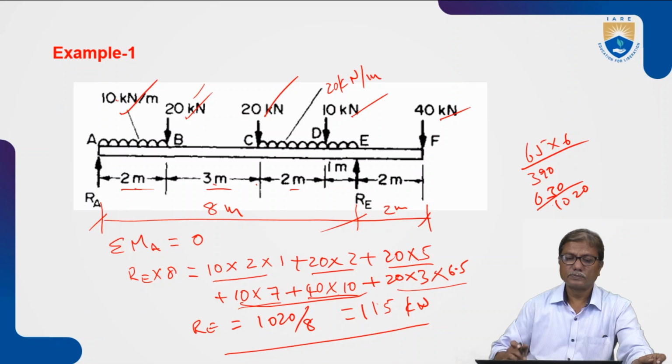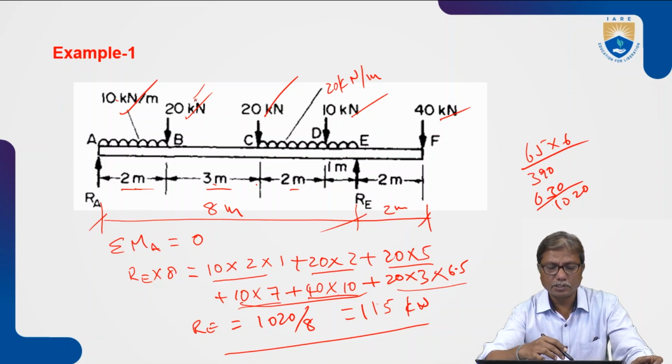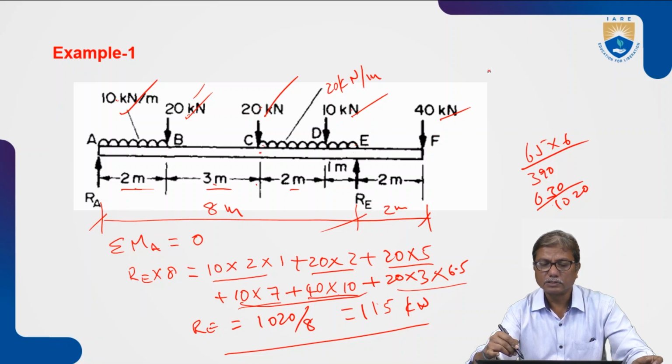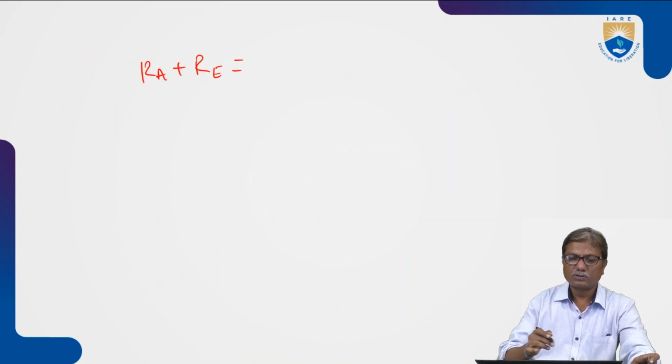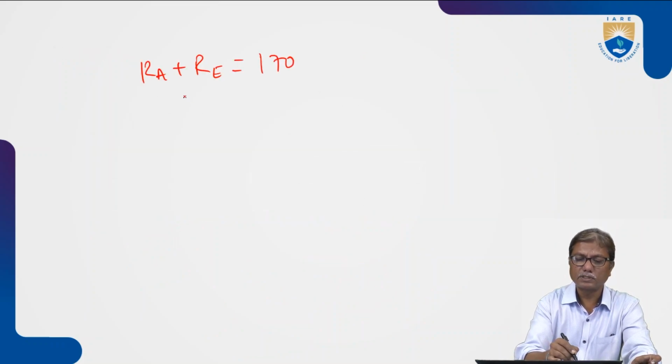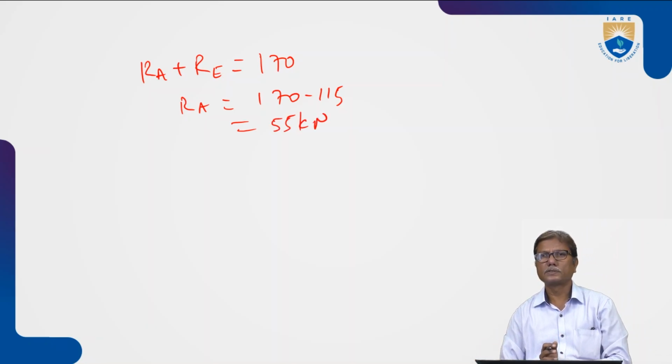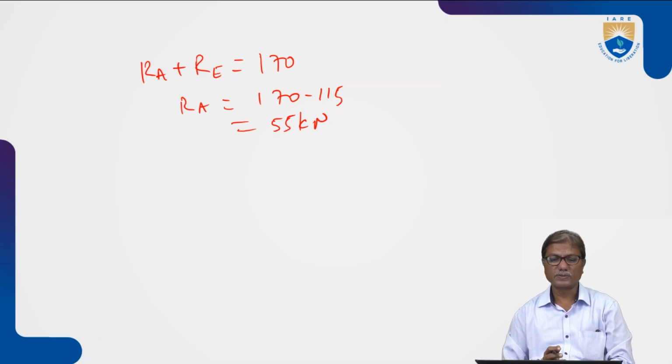Now, the total downward load is 10 plus 20, 20 plus 20, 40, 60 plus 10, 70, plus 20 into 3, 60, 130, plus 40, 170. So the total downward load is 170. Therefore, RA is 170 minus 115, that is 55 kilonewtons. RA is 55 kilonewtons.